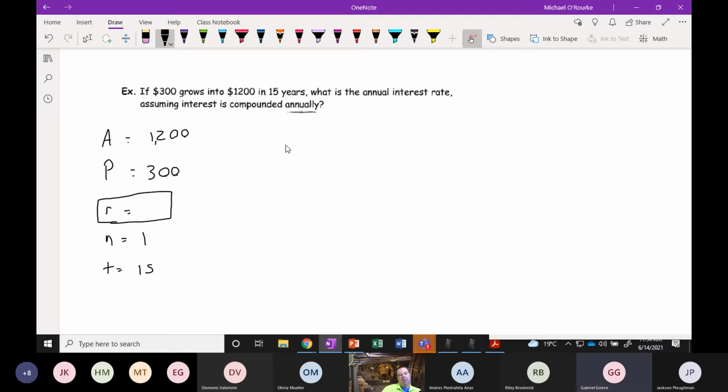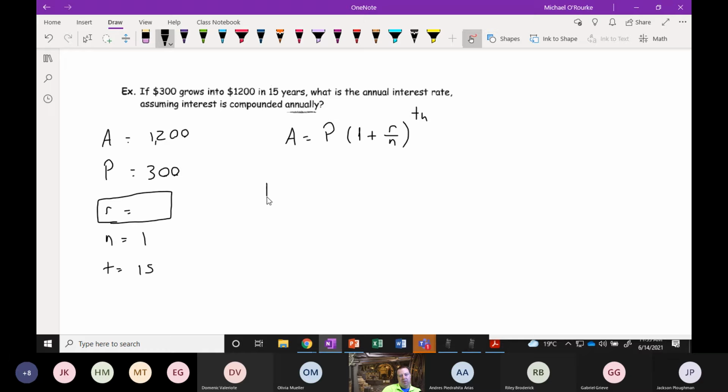So how do we solve that? Well, let's get our formula out here. A equals P times bracket 1 plus R over N to the power of Tn.